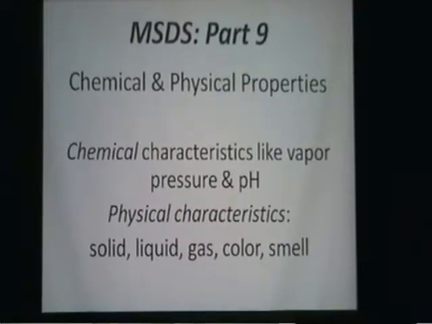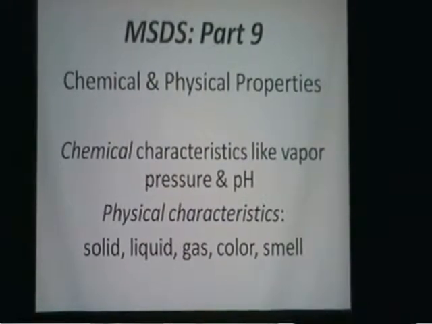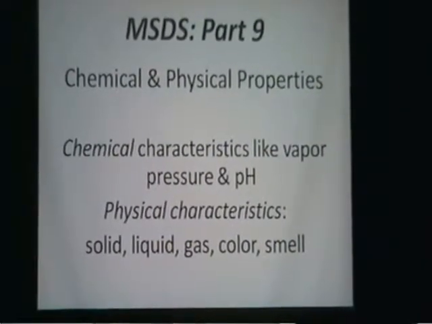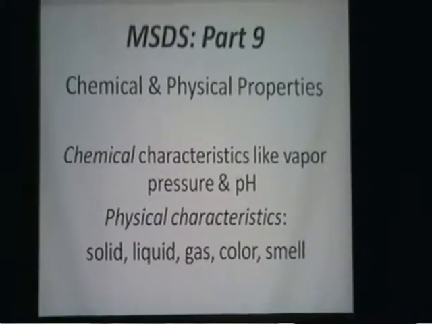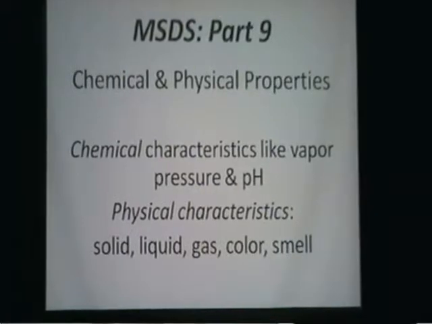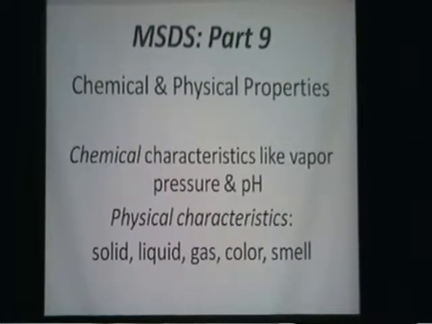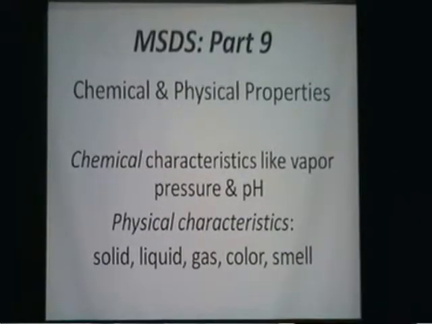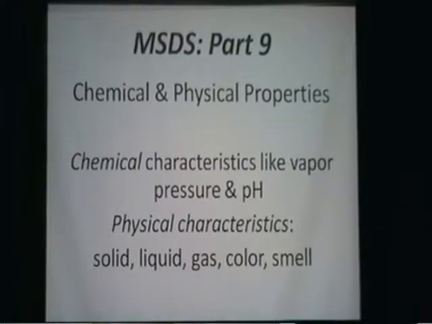Section 9 will give you chemical and physical characteristics of a material. It will tell you things like what it looks like, what it smells like. It will tell you if the material, if it was released or uncontainerized, could get airborne. And a property that we're very concerned with here at Stellar is called pH, the power of hydrogen.